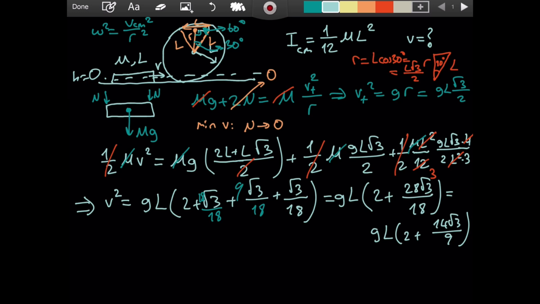And this is the formula for v squared. We want v, so we take the square root and say that v, the minimum initial speed required for the rod to make it through the loop without falling, is equal to the square root of gL times 2 plus 14 square root of 3 over 9.